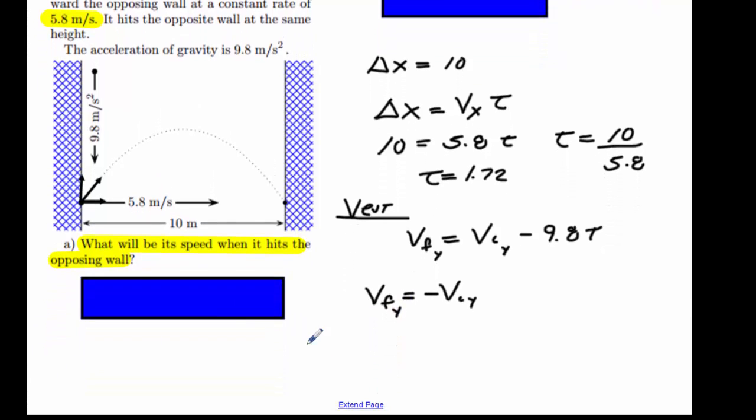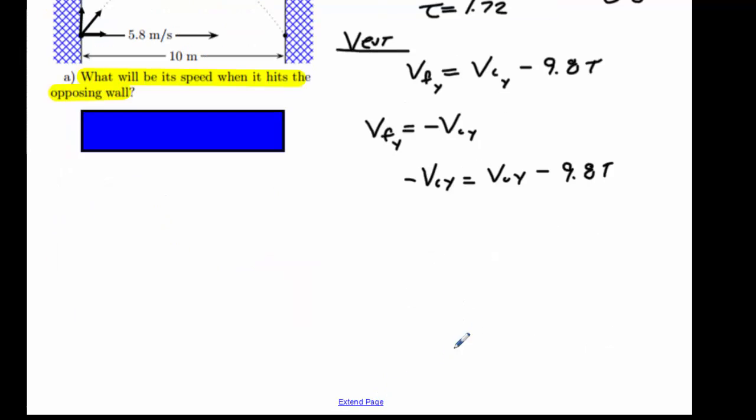Substitute that back in here, and I get minus V initial y is equal to V initial y minus 9.8 times t. Move this over, and I get minus 2 V initial y is equal to negative 9.8 times t, and then V initial y would equal, divided by 2, 4.9 times t.